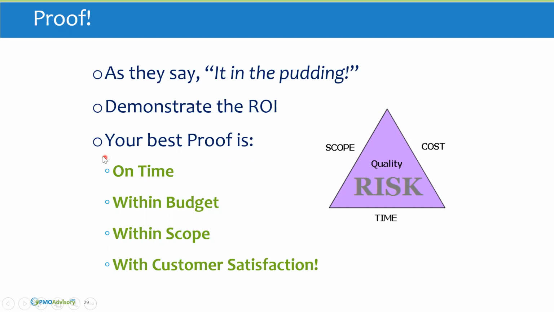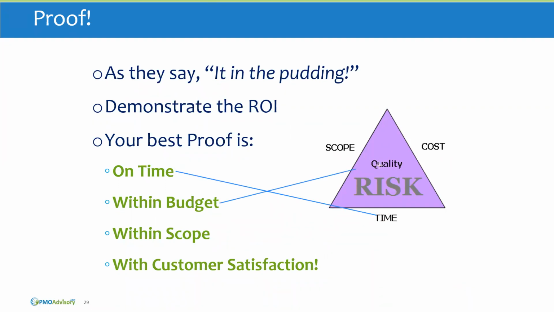And our best proof for risk management being valuable and getting other people to do it is having our projects be on time, within budget, within scope, and delivering on customer satisfaction. So that's the quality aspect. So each of these relates. We've got our on time, right?